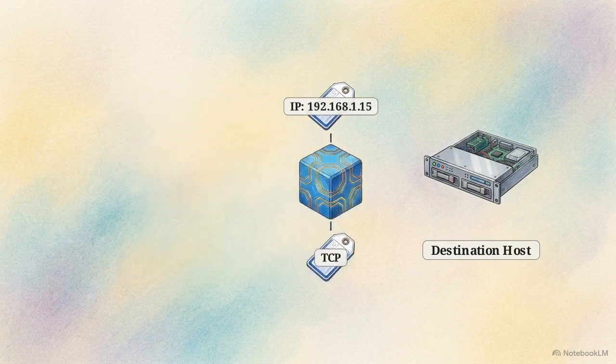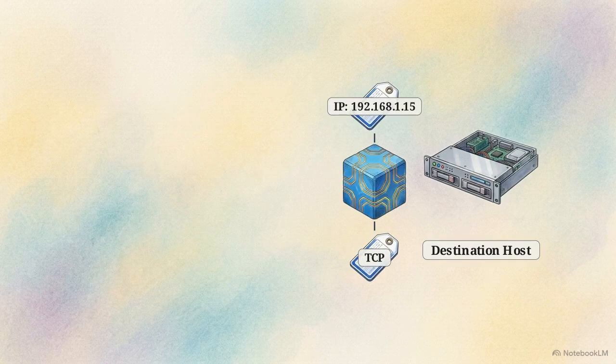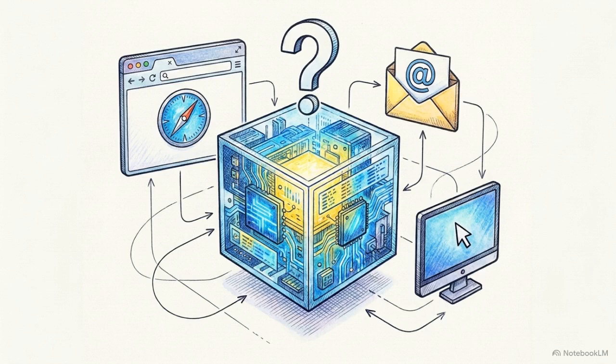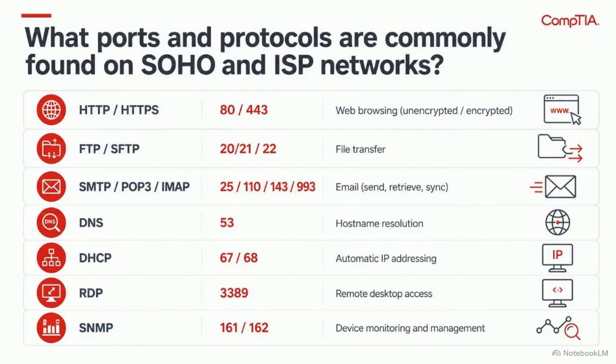The data packet has now reached the correct IP address using the correct transport rules, but a single server might run a web page, an email client, and a remote desktop session simultaneously. The machine needs to know which specific software should receive the incoming packet. This table lists the solution: application ports. The port is the final logical coordinate, directing traffic to a specific software service within the application layer.